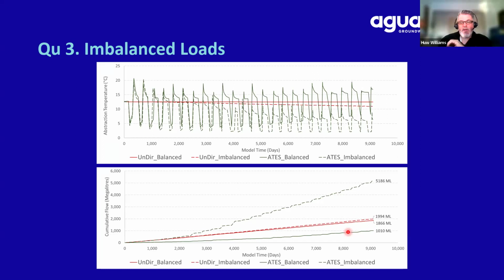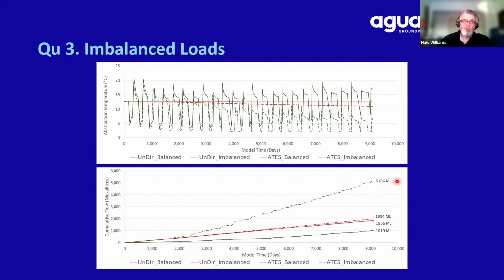When we have balanced heating and cooling loads, you can see that the aquathermal energy storage system works a lot better when balanced than when imbalanced. Despite the abstraction temperatures remaining within a nice range, you can see that clearly the ground source heat pump system here is not doing as well. It requires pumping a lot more water to get the same heating and cooling effect in your building.